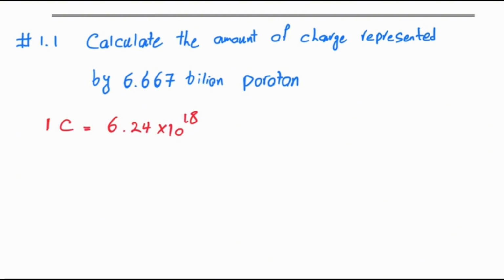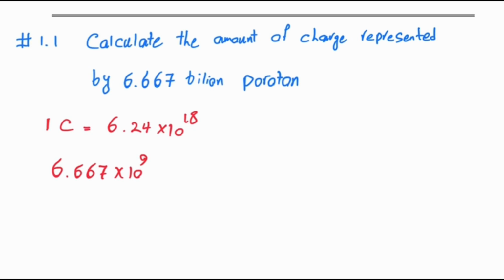So, when we are talking about 6.667 billion, we are saying that we have 6.667 times 10 to the power of 9 electrons.